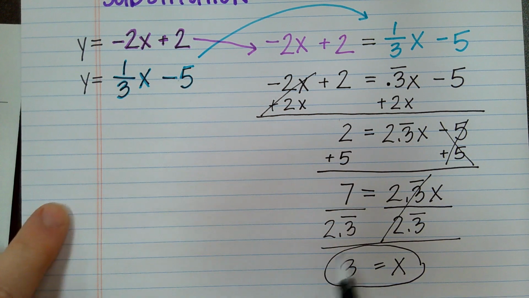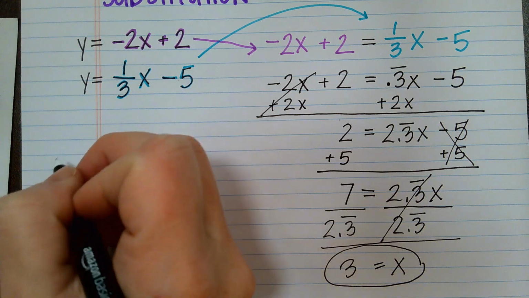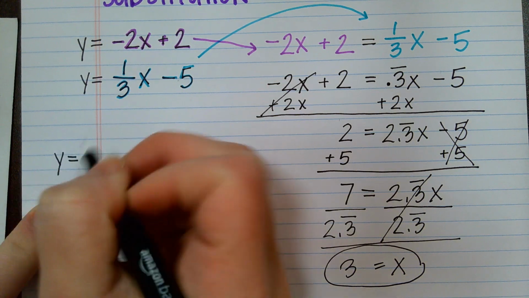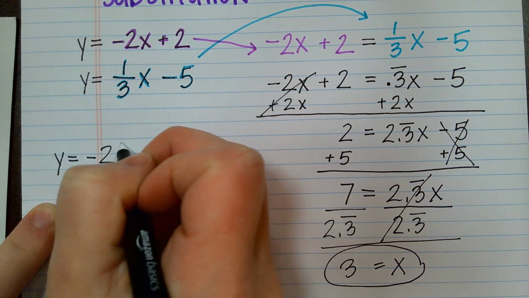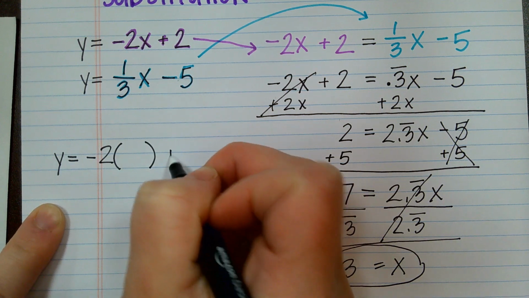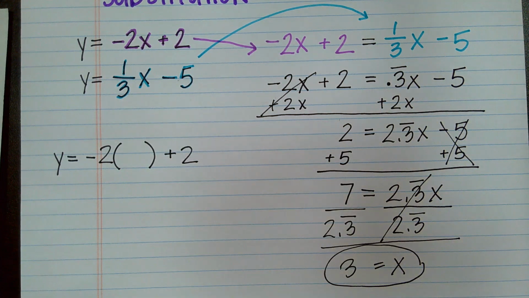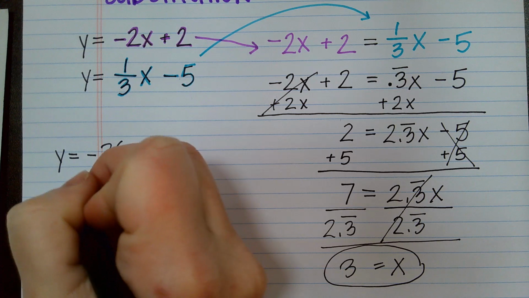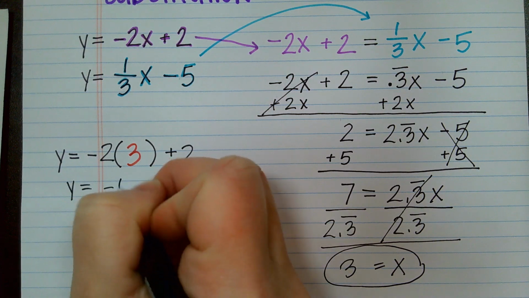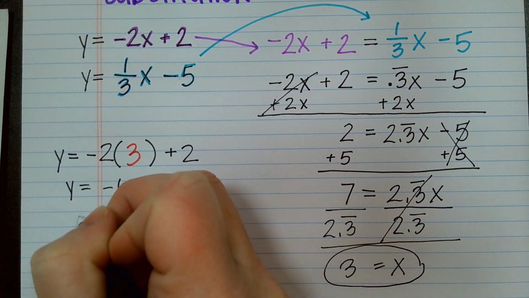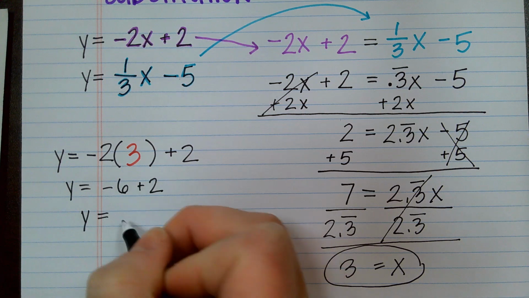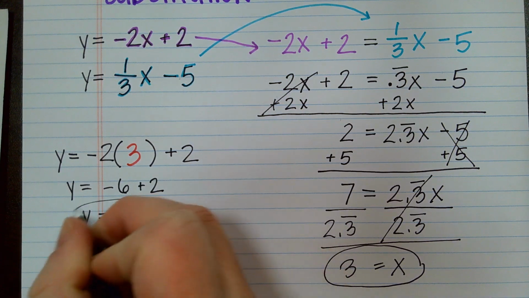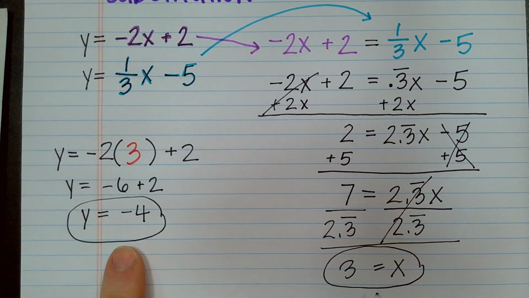So we have y equals -2 times x plus 2, and x is 3. So y equals -6 plus 2. y equals -4. And your x was 3.